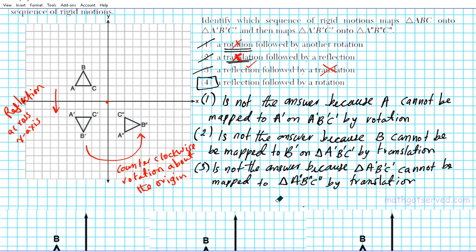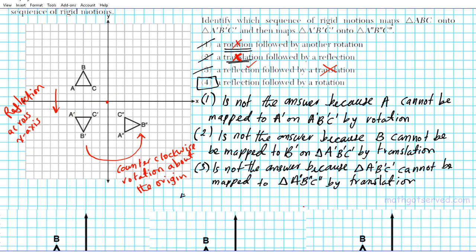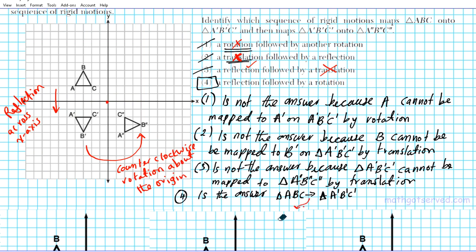Alright? So option number 4 is the answer. Alrighty, so let's write that down. So option 4 is the answer. How do we know? Because you can go from triangle ABC to triangle A prime, B prime, C prime by the first transformation, which is a reflection.